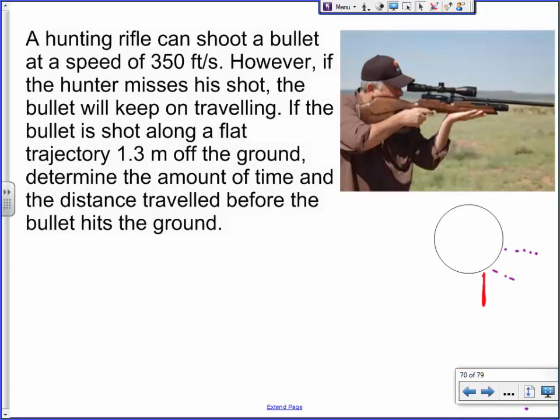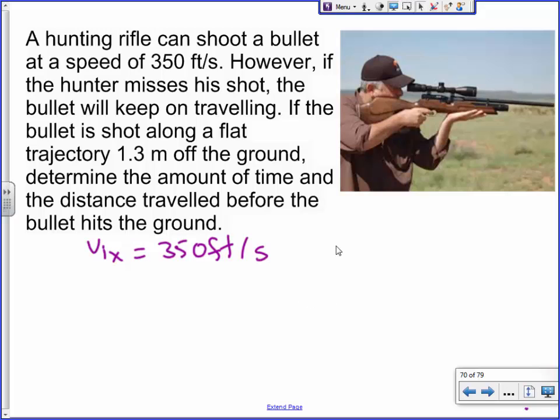So this one right here, I'm asking you, when will the bullet hit the ground? So not just how much of a sink would it have, but how long would it take for it to actually reach the ground? So I'm going to start by writing what variables I know. I know my initial velocity in the x direction is 350 feet per second.